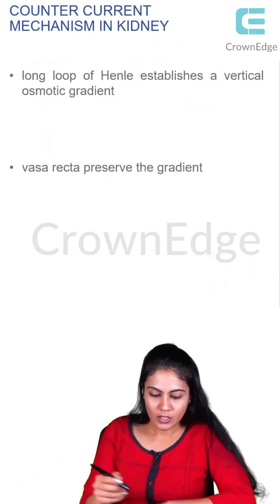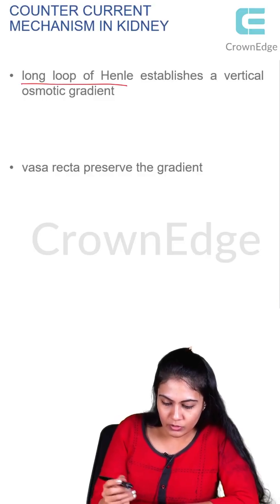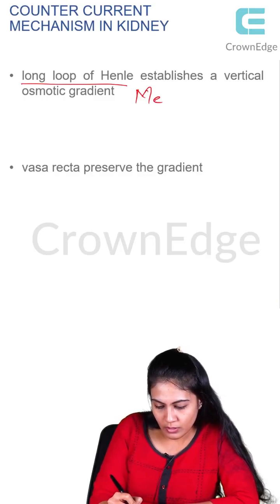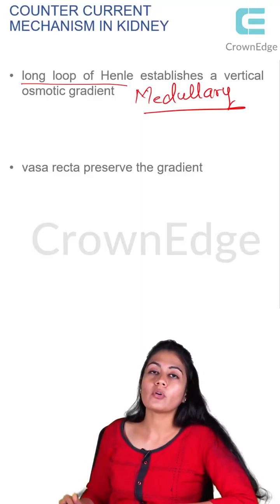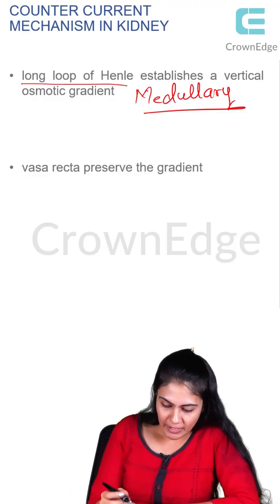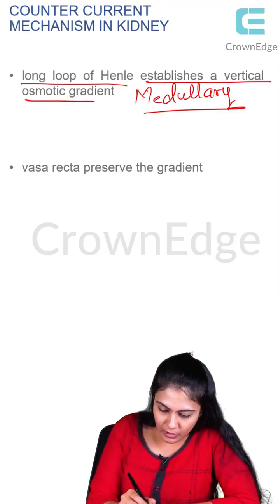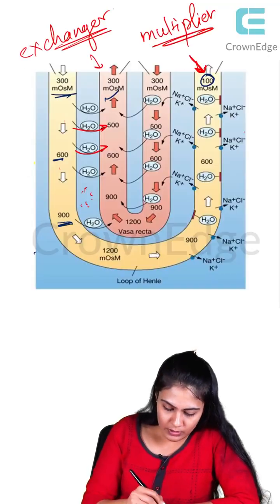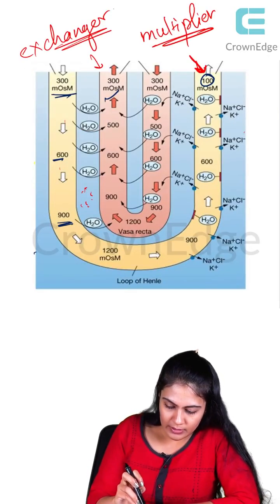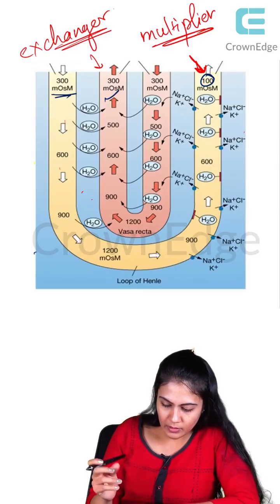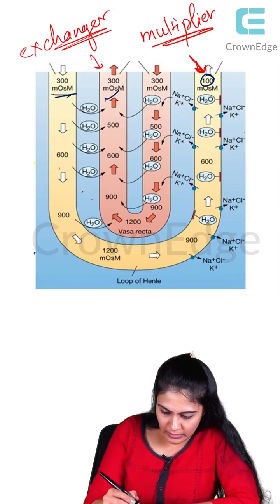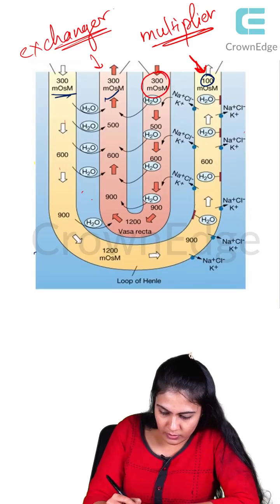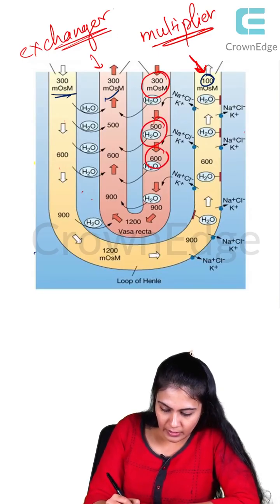So the same thing: the long loop of Henle, which is present in the medullary type of nephrons that go deep into the medulla, establishes the vertical osmotic gradient. If you see in the diagram, over here there is a gradient, right? First of all it was 300, then 500, 600, then 900 and 1200, right?